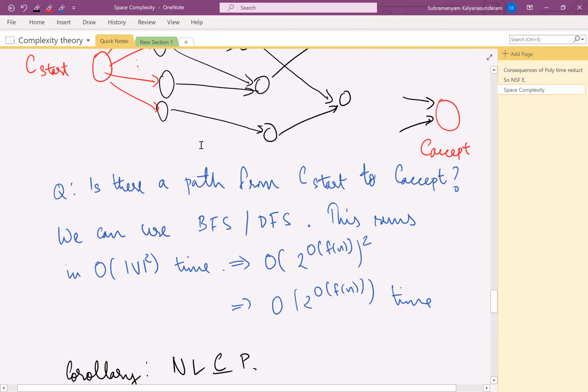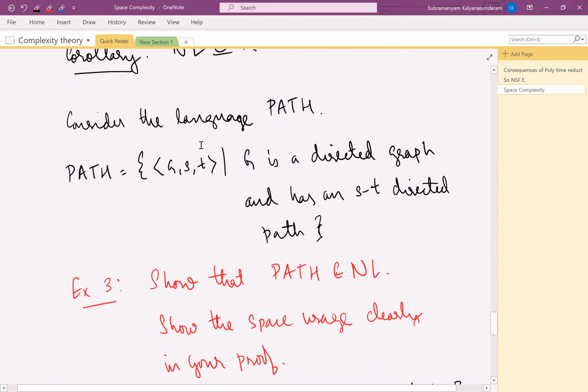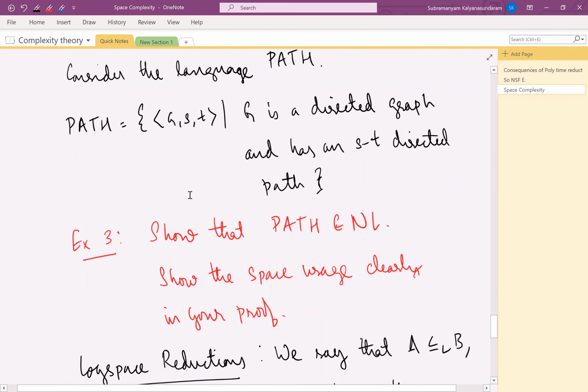It is not an undirected graph, right? So given a graph and two vertices, we are asking, is there a path from S to T? And your third exercise is to show that this language is in NL.